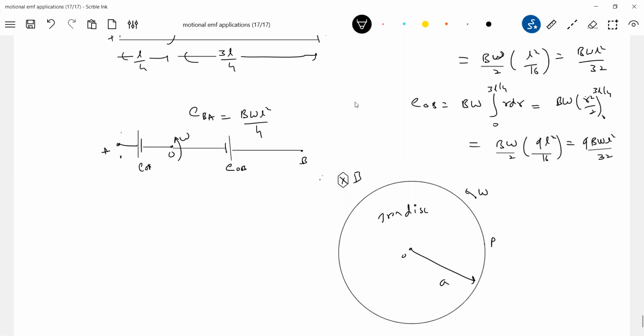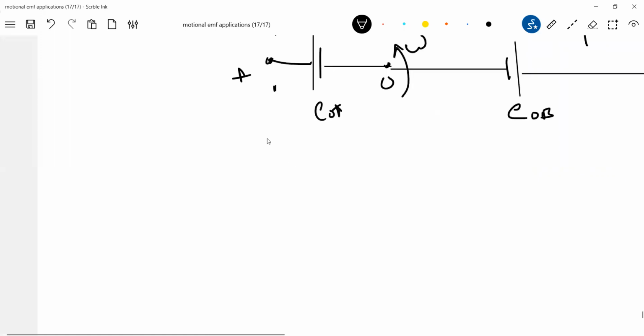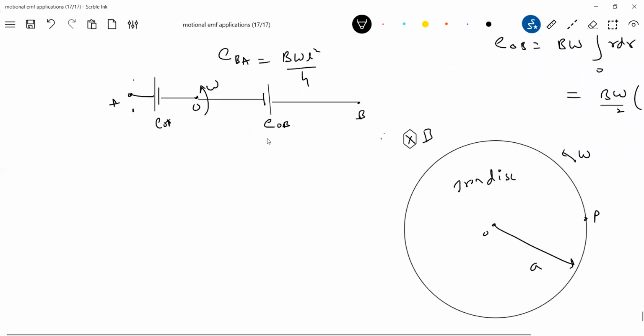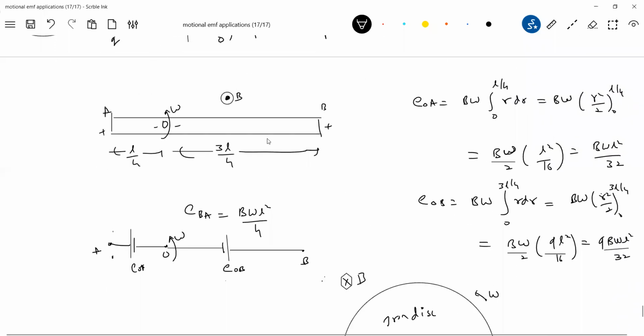Sir, how are you able to write the polarity? Polarity: assume positive charge inside the rod, and it will have tangential velocity, and see in what direction the positive charge will drift. You assume a positive charge here, B bar out of the plane, tangential velocity V upward, the thumb will point towards B, no? So it will shift like this. And any positive charge here will experience a magnetic force like this.